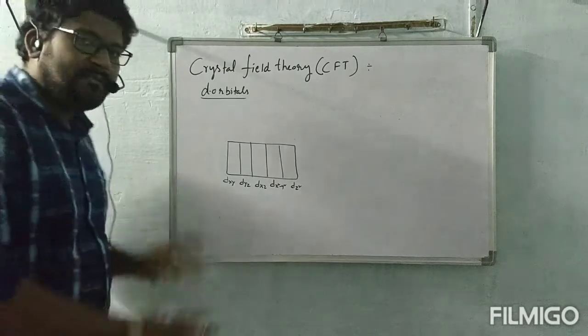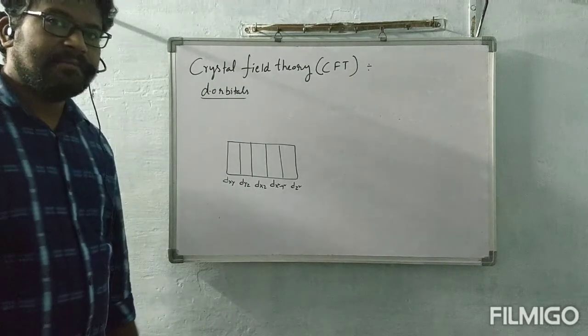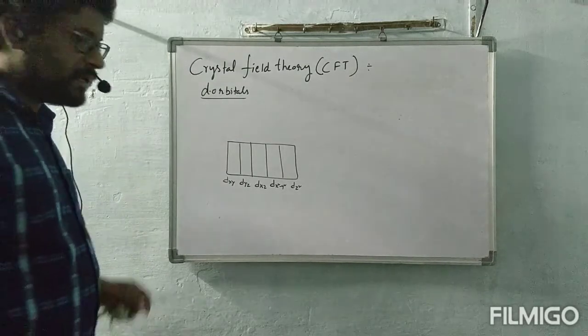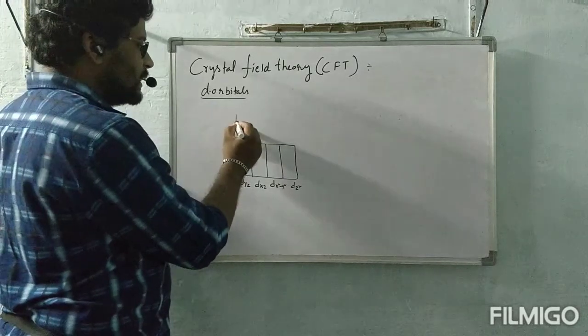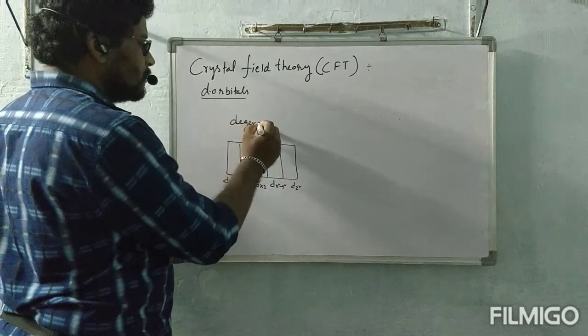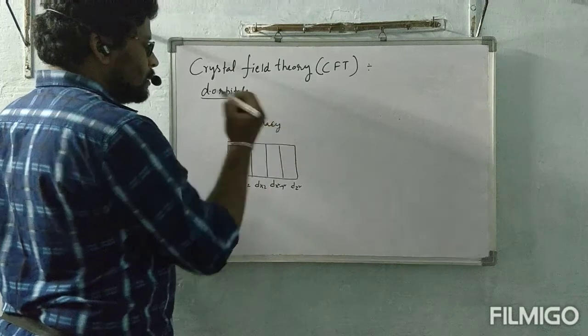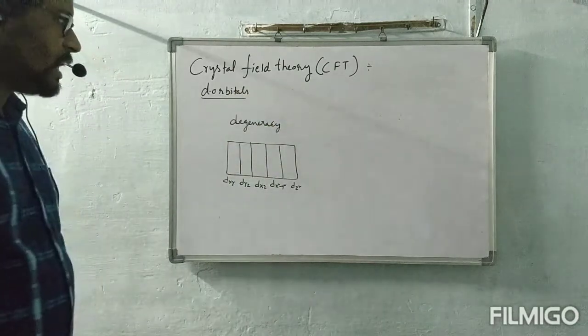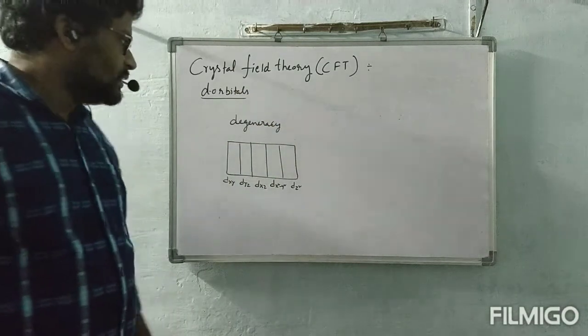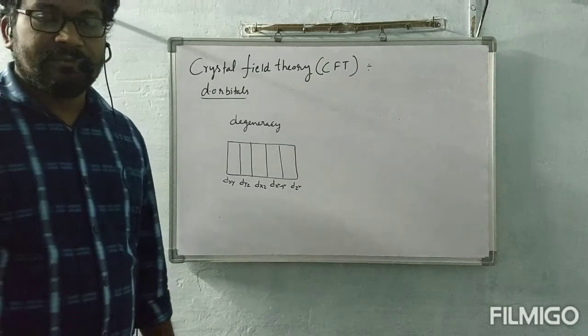All the 5 d orbitals have same energy. That's why they have the property of degeneracy.